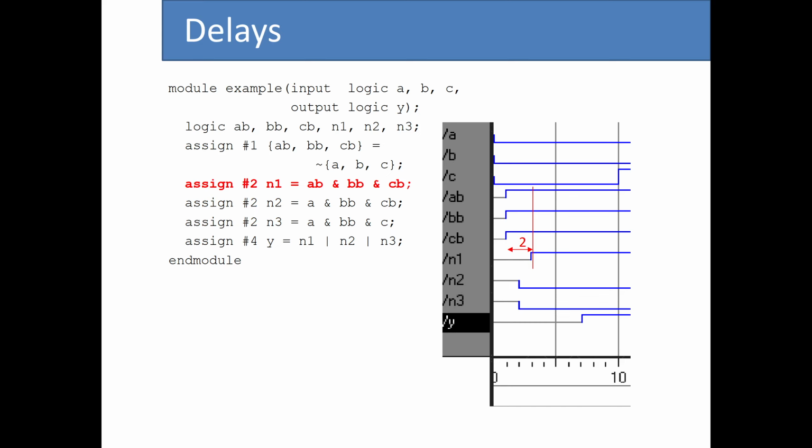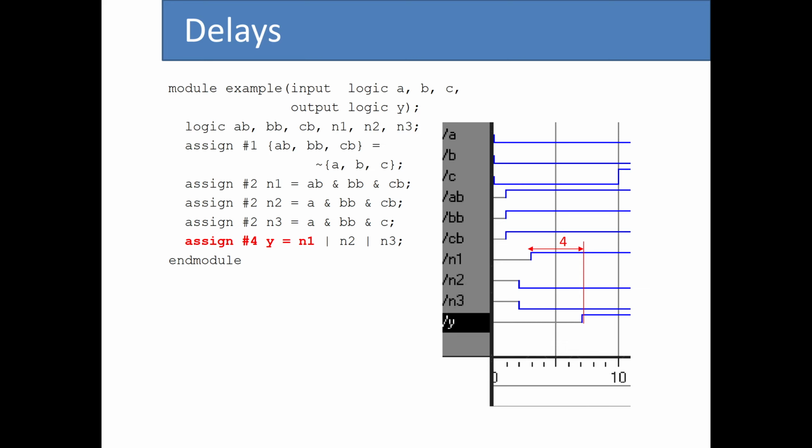For N1, since all of them had to go through the inversion or complement process and then the delay of the AND gate, it takes longer. And finally Y, which has 4 units of delay, is finalized after N1, N2, and N3 are finalized. Since N1 is finalized last, 4 units of delay after this, you have the value for Y.